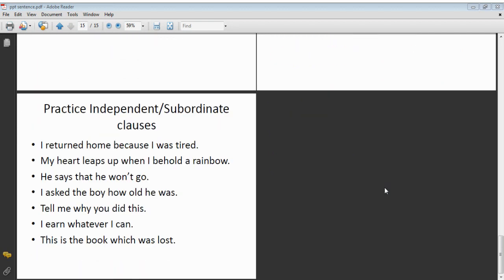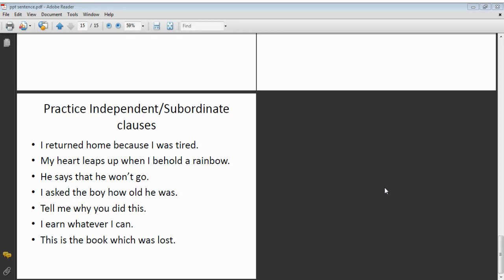Then we have some more practice sentences where we can differentiate independent clause and the subordinate clauses. I returned home is an independent clause. Because I was tired is a subordinate clause because it is beginning with a subordinating conjunction. My heart leaps up is an independent clause. When I behold a rainbow is a subordinate clause as it is beginning with a subordinating conjunction, when.